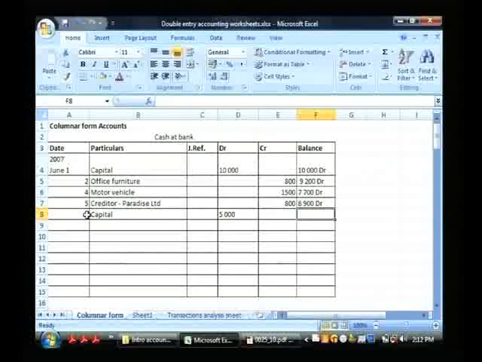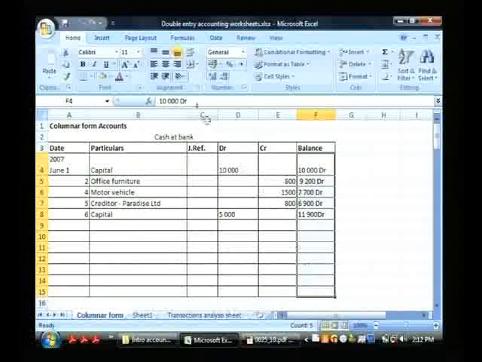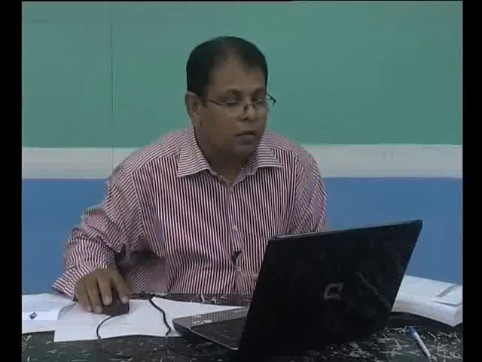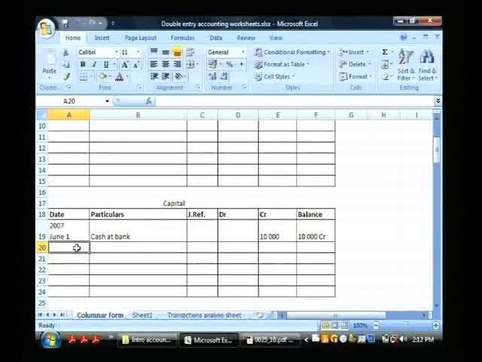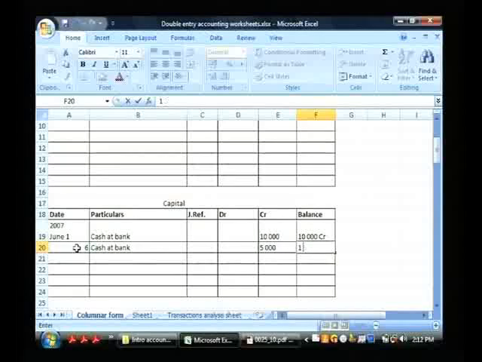Here debit and 5,000 another debit, therefore addition 11,900 debit. Now move on to the capital account. Date is 6th, cash at bank, credit 5,000. Now total capital account balance is 15,000. 15,000 credit.